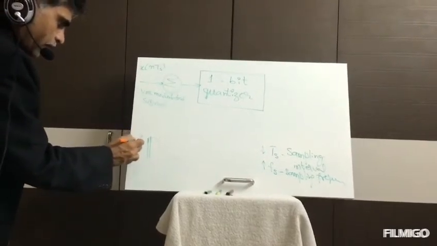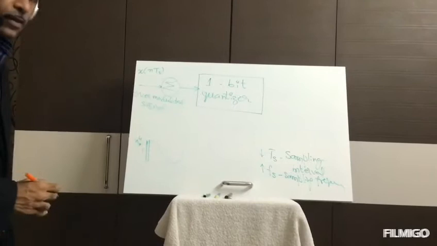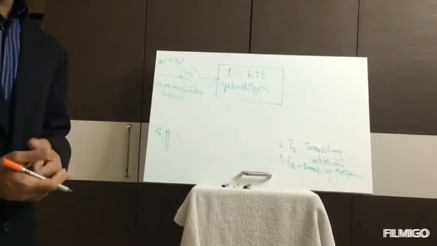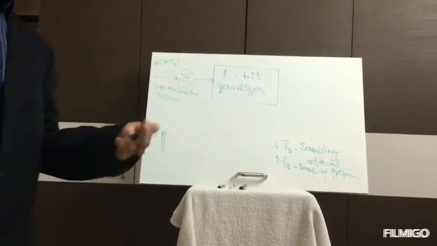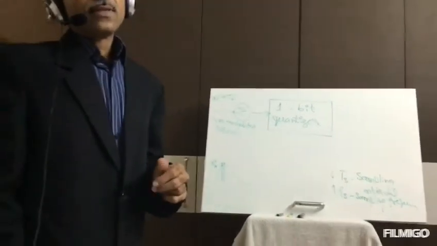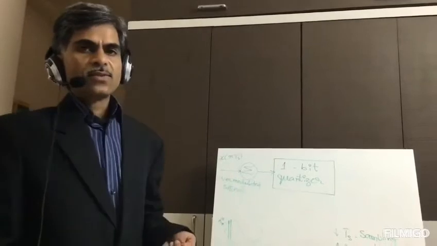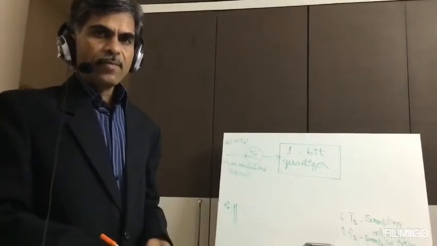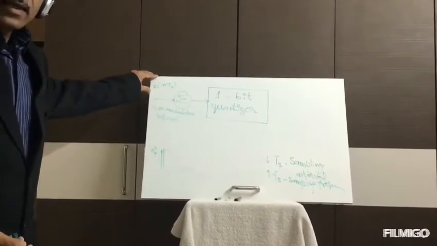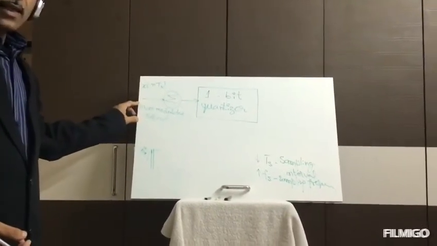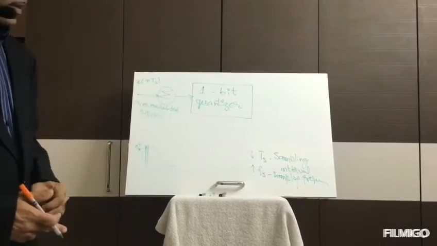Then the number of quantization levels will be increased, thereby the quantization error decreases. Therefore the signal to noise ratio, or SNR, can be improved here. That's why this input signal will be taken to be the over modulated signal in the case of delta modulation.